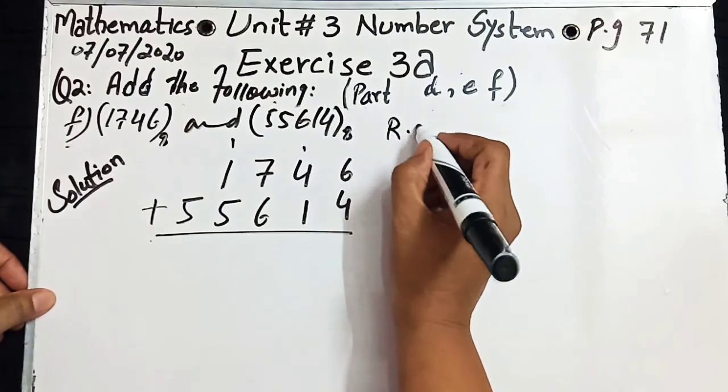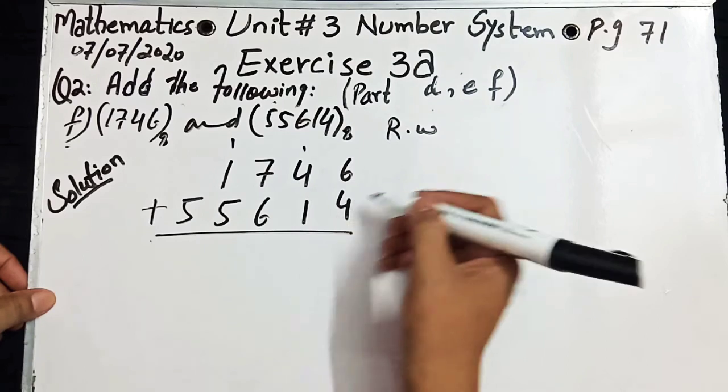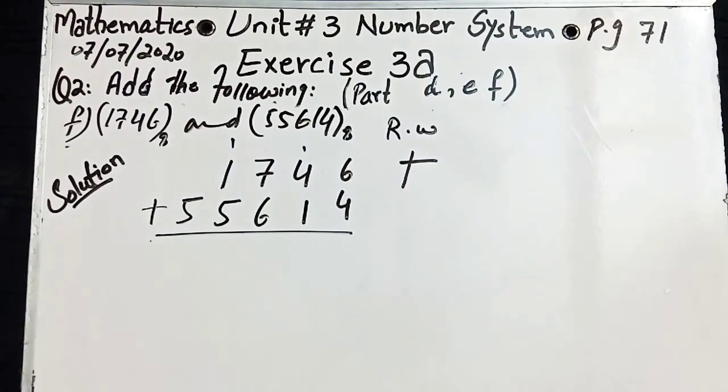In normal addition 6 plus 4 is 10. 10 is greater than 8, so we convert into the base 8 system.